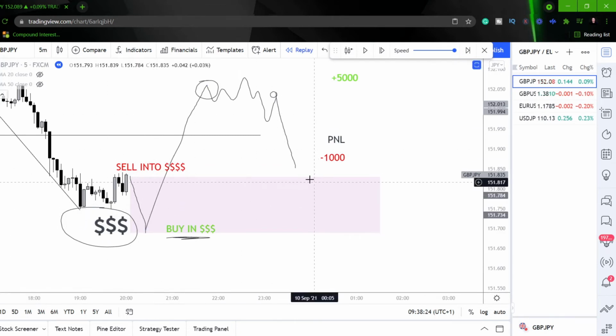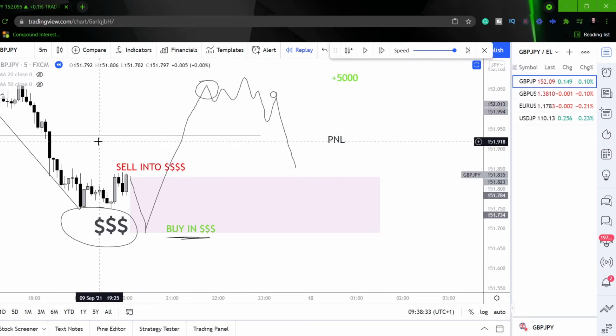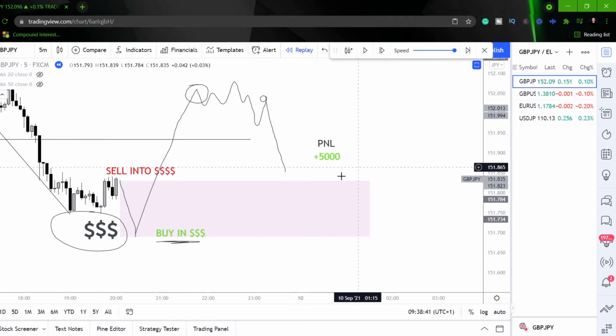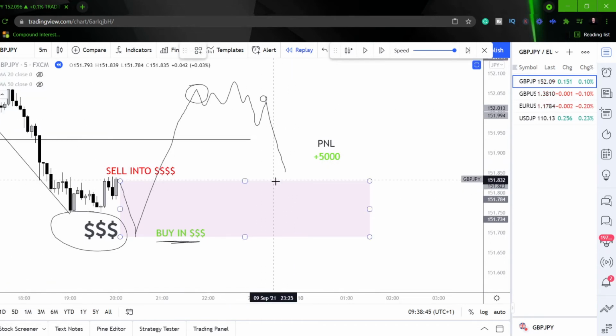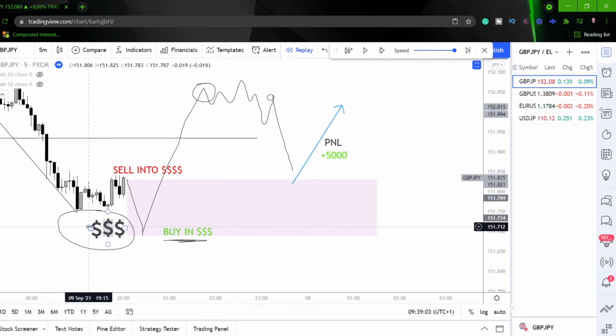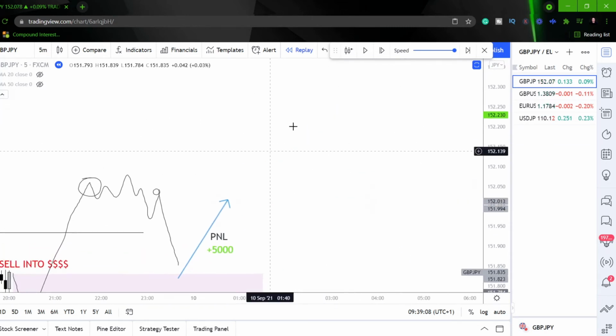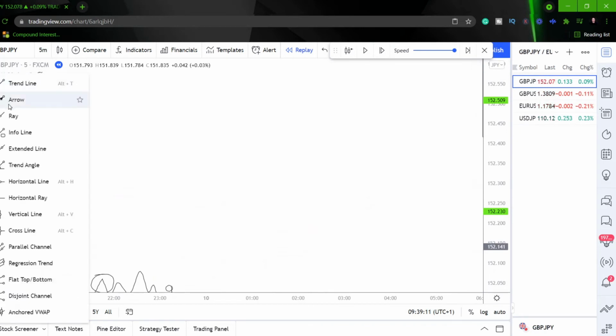So this is where we want to look for some sort of reaction off of this level, which is the mitigation, which is then buying back the negative sells. Okay, so then they're just left with the positive buyers, right? They want to mitigate their risk or mitigate their position in this zone. Okay, so that is mitigation, right? So just a more simplified version.